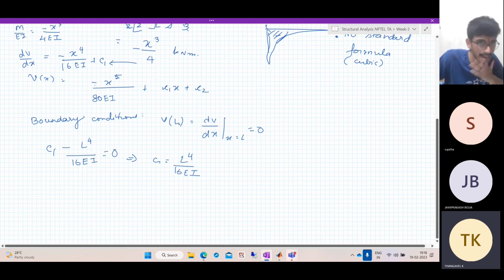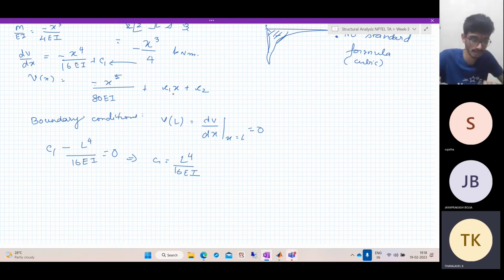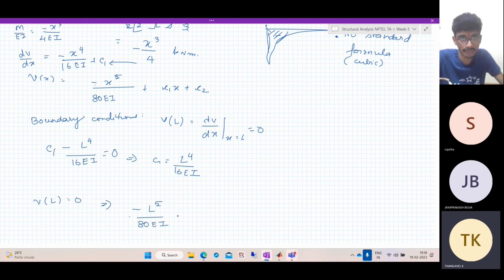Now substitute that C1 in this and find C2. To find C2, let us enforce v of L equal to 0, which means minus L power 5 by 80 EI plus C1, which is L power 4 by 16 EI, into L. So this will become L power 5, plus C2 equal to 0.